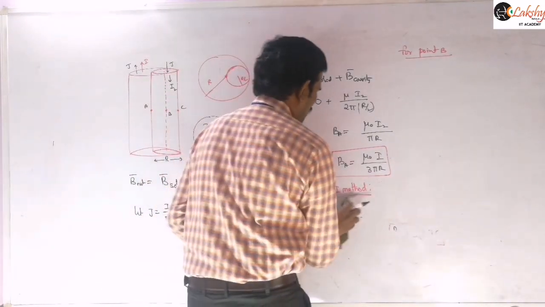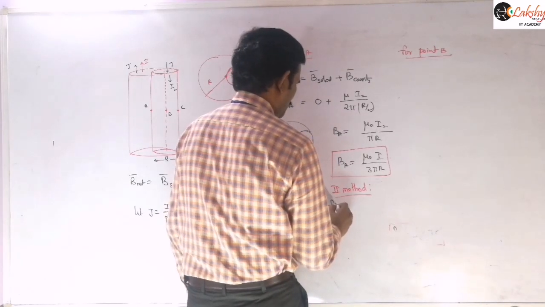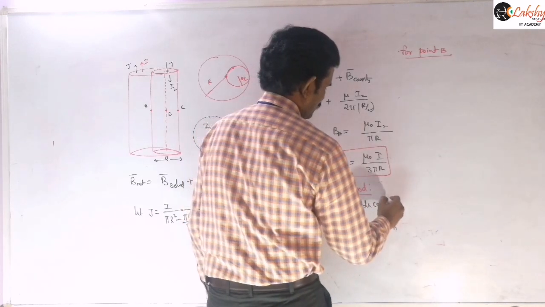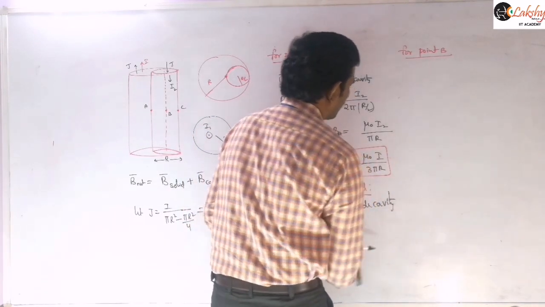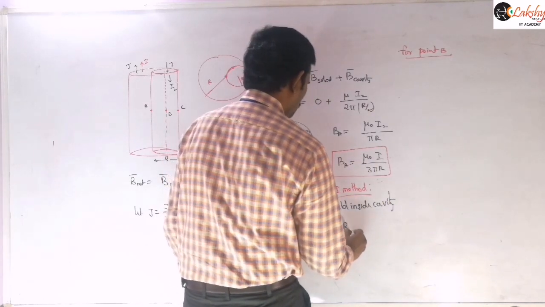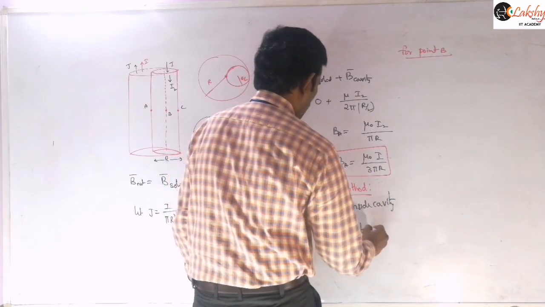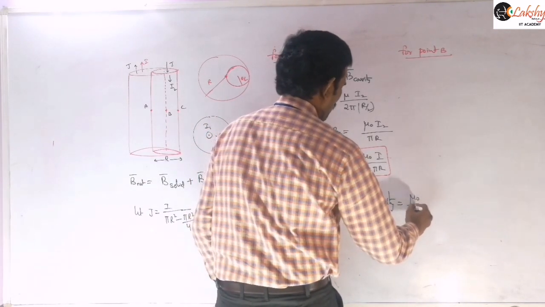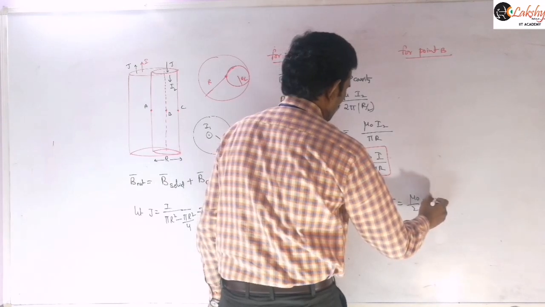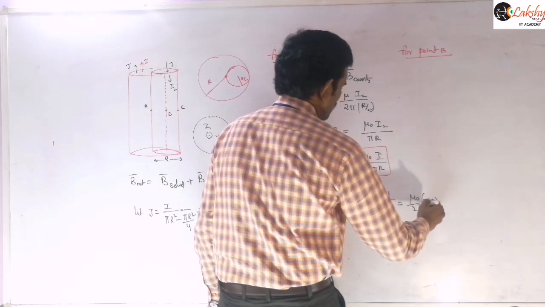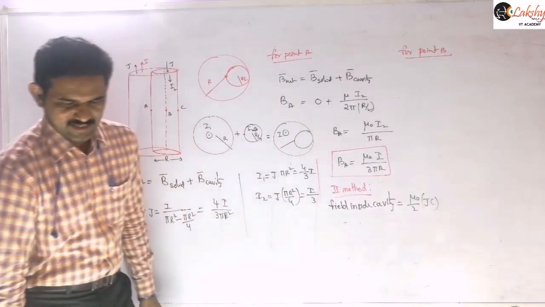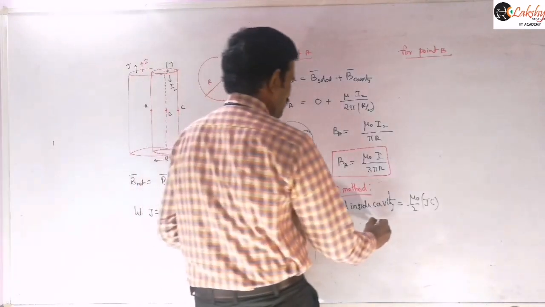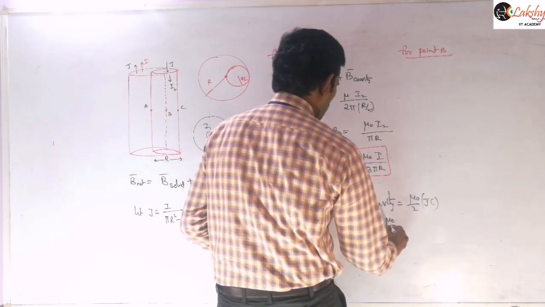This is our net magnetic field here. So the field inside the cavity, that means the net magnetic field inside, I will write here as mu naught by 2 into J into C. This is our previous derivation, right, where C is the distance between the axis of this cavity and the axis of the cylinder, right? So now we can directly use this formula here.